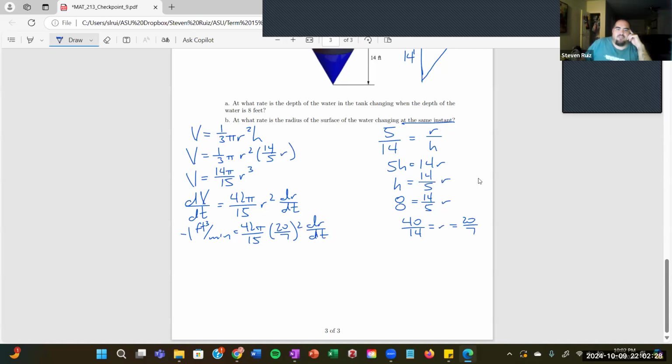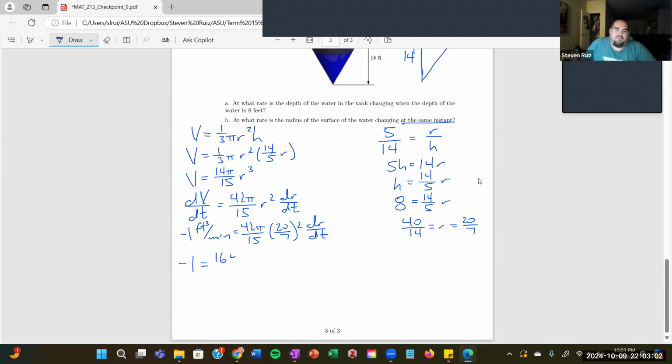So all we have to do really is basically divide out and isolate dr/dt. This time I'm going to play a little more fast and loose with the units because I'm going to trust that they're all going to shake out, because I feel like I've been careful up to this point. What's 42 times 20 times 20?